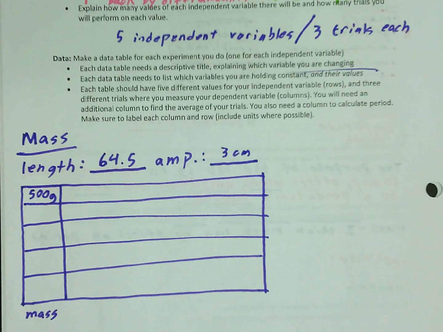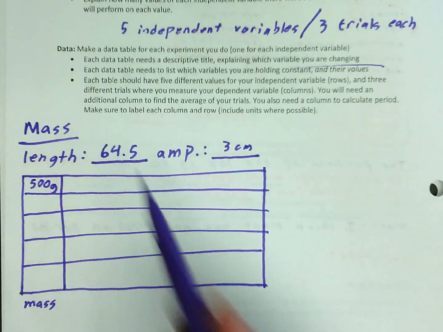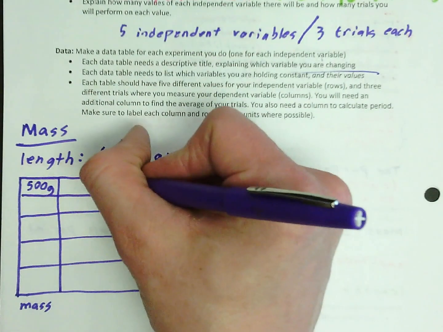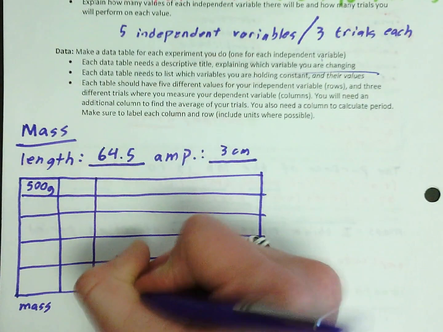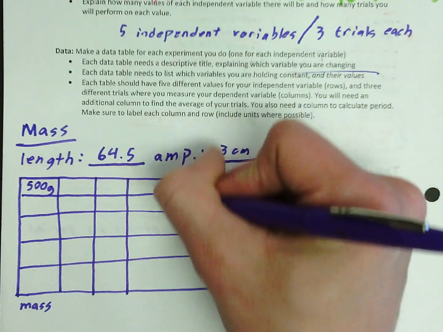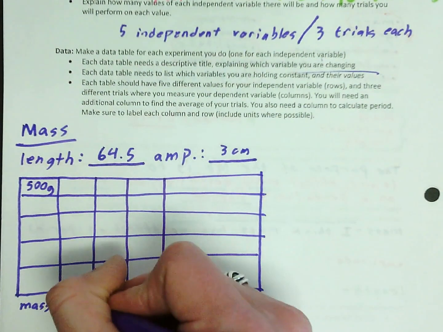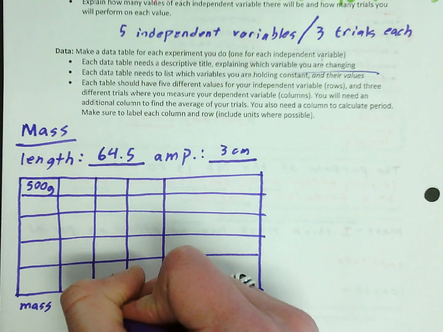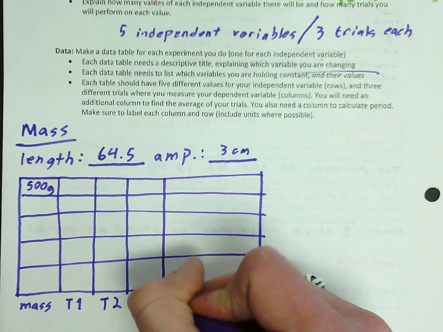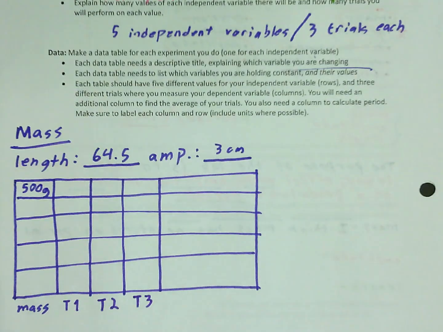Okay, then you need a column for each trial. We said we're doing 3 trials, so we need 3 more columns. Here's column 1 for trial 1, trial 2, trial 3. So under this one, I'm going to write T1 for trial 1, T2 for trial 2, T3 for trial 3.